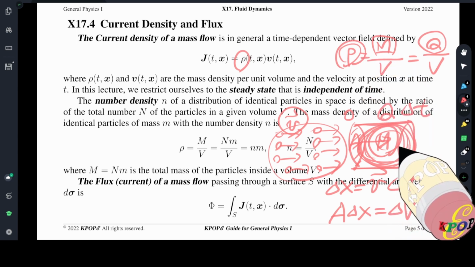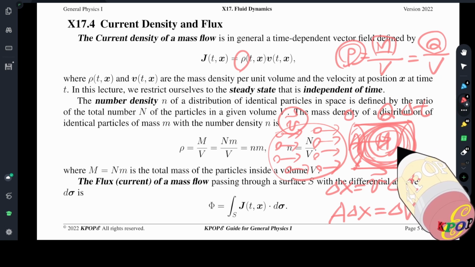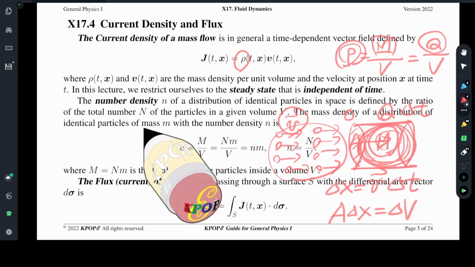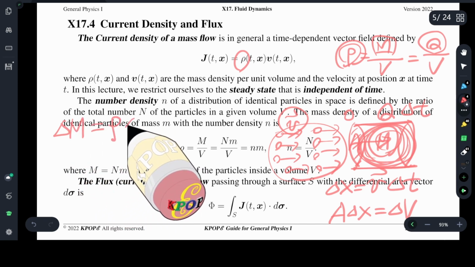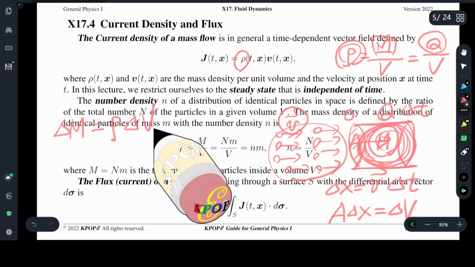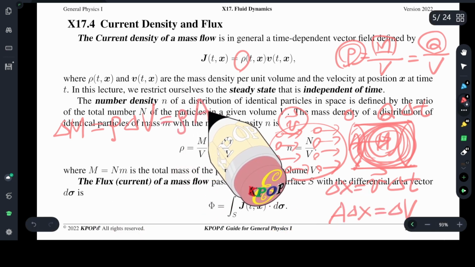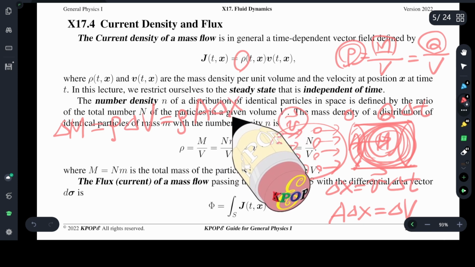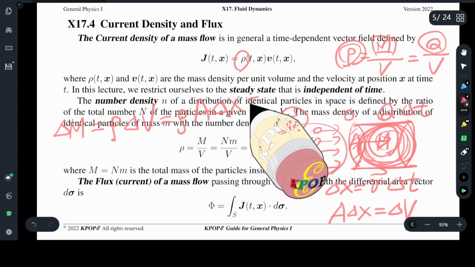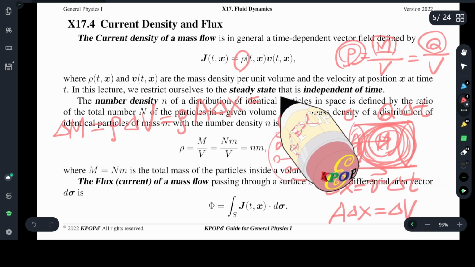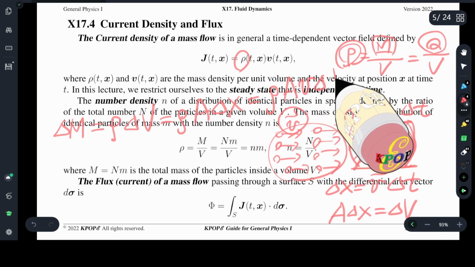So how much mass is there inside this volume? Delta m will be density times volume. What is the volume? The volume will be the cross-sectional area multiplied by height. What is the height? Height is the velocity times delta t. So rho A v delta t.